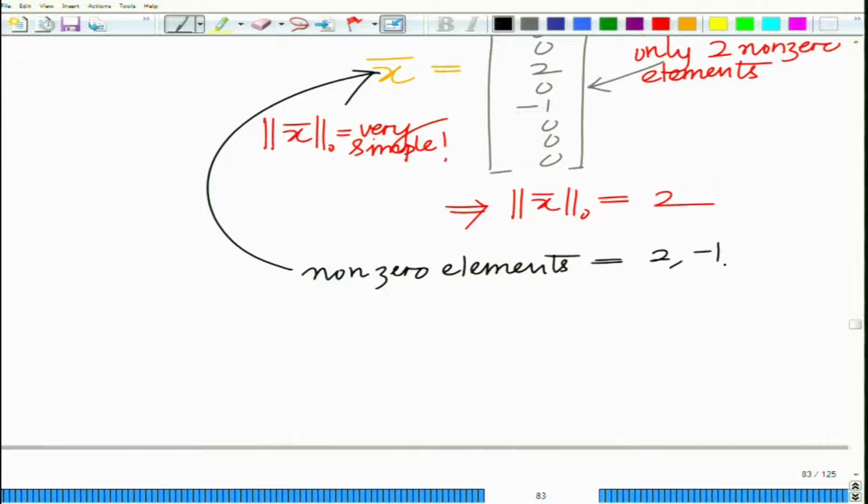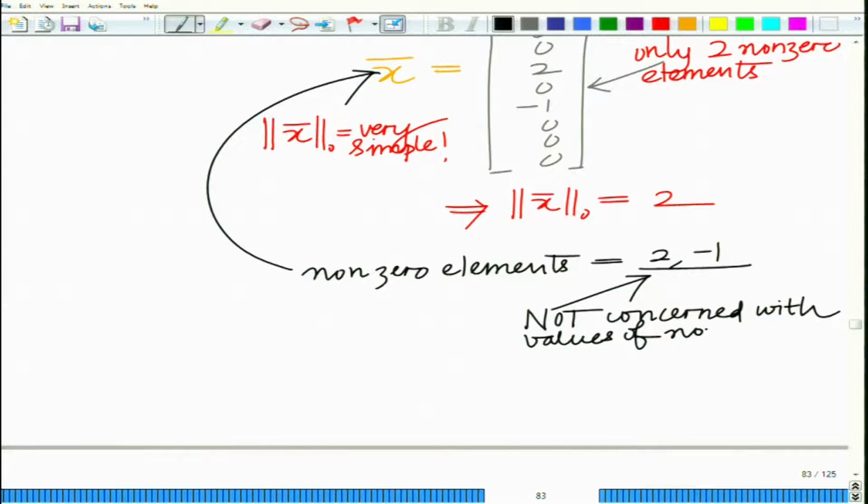We are not concerned with the values of the non-zero elements, only the number of non-zero elements, unlike the other norms.